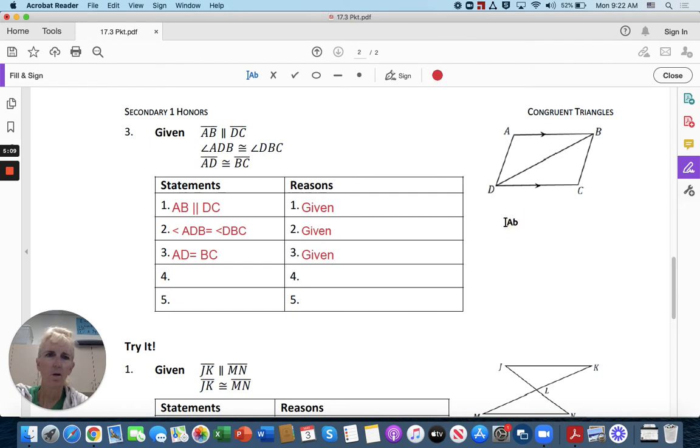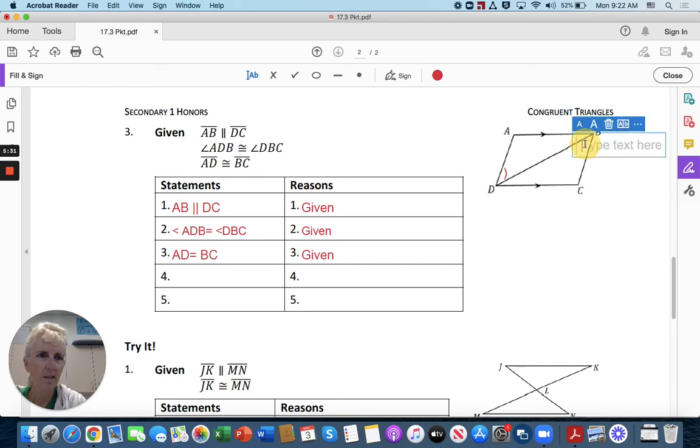Okay, so we see that the parallel lines are there. Angle ADB, that's this one here. And I'm not sure of a good way to put that angle is congruent to DBC.